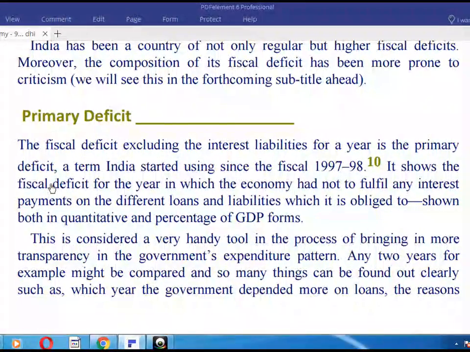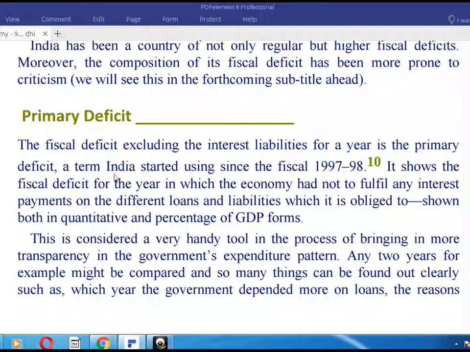Primary deficit is the fiscal deficit excluding the interest liabilities for the year.